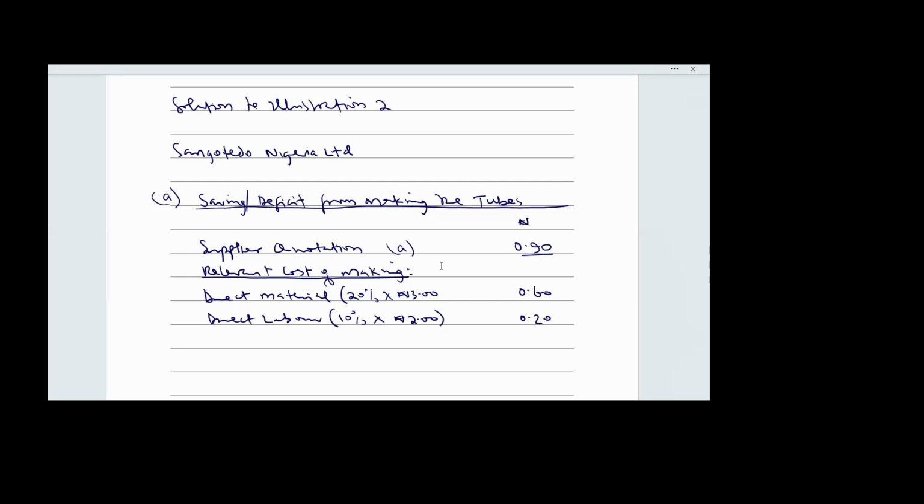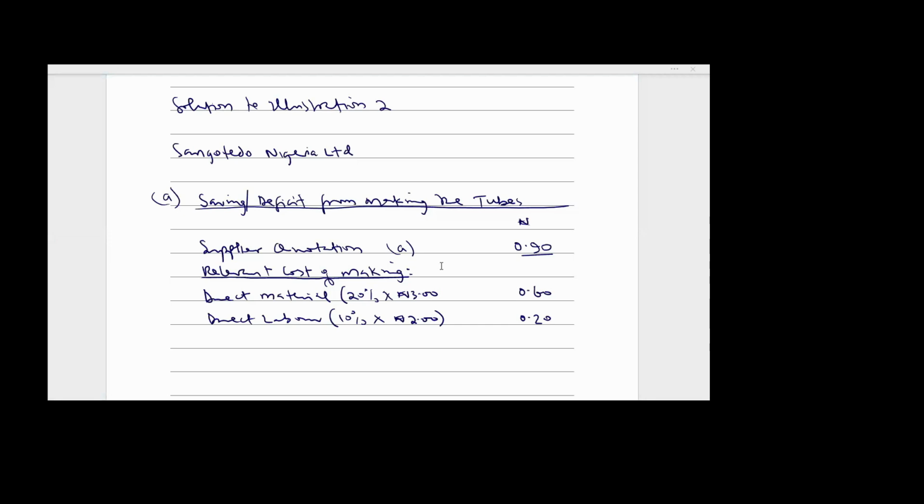Then go back to the question. We have total overhead. Pay attention here. Total overhead of 1 naira 50 kobo. Remember my explanation when we had operating statements, and I said the same thing when we had relevant costing.